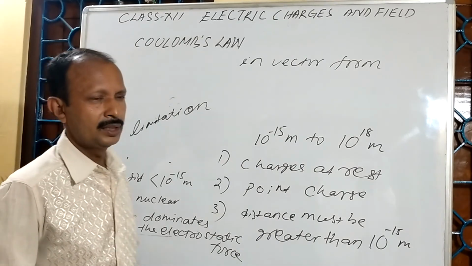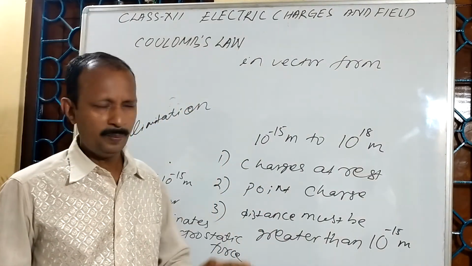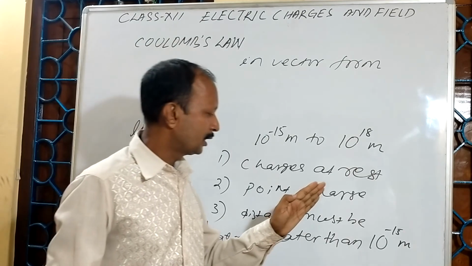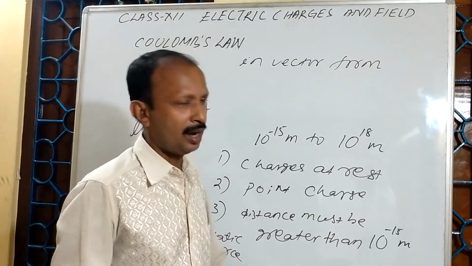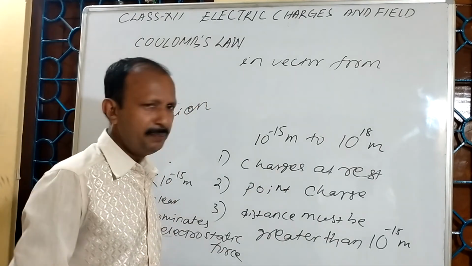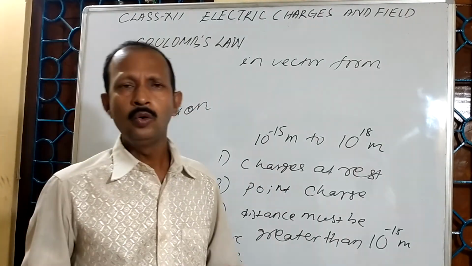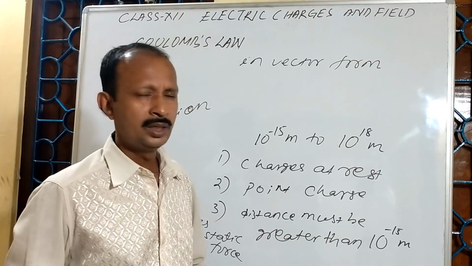That's why the distance should be greater than 10 to the power minus 15 meter. So these are the limitations of Coulomb's inverse square law.